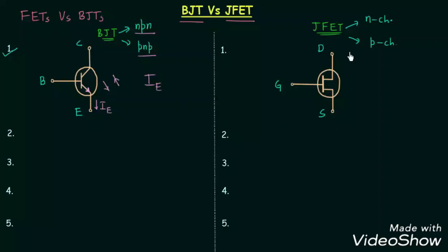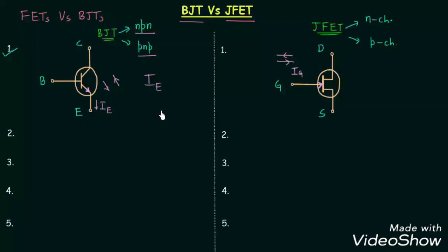In the same way, we will take help of gate current IG in case of JFET. For N channel, the direction of gate current is like this, and for P channel, it is like this. And if we are considering it as N channel JFET, I will put the arrow like this.